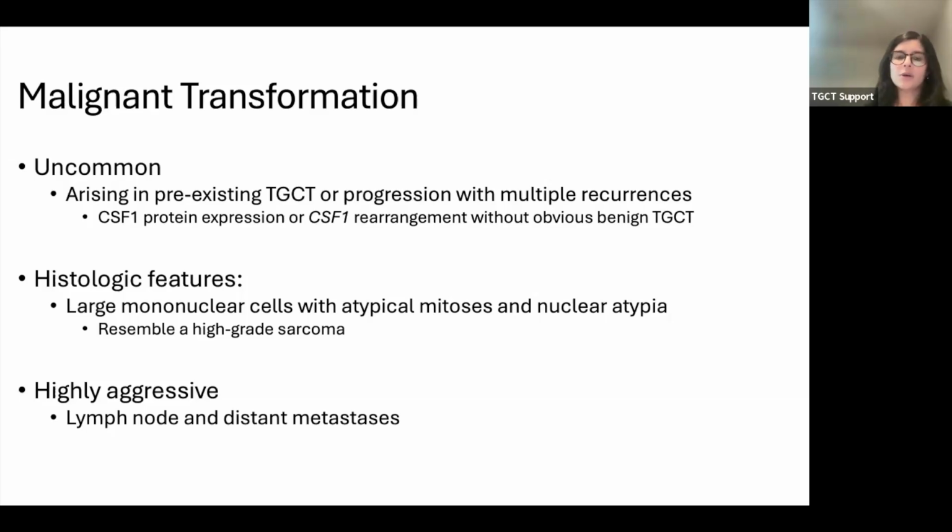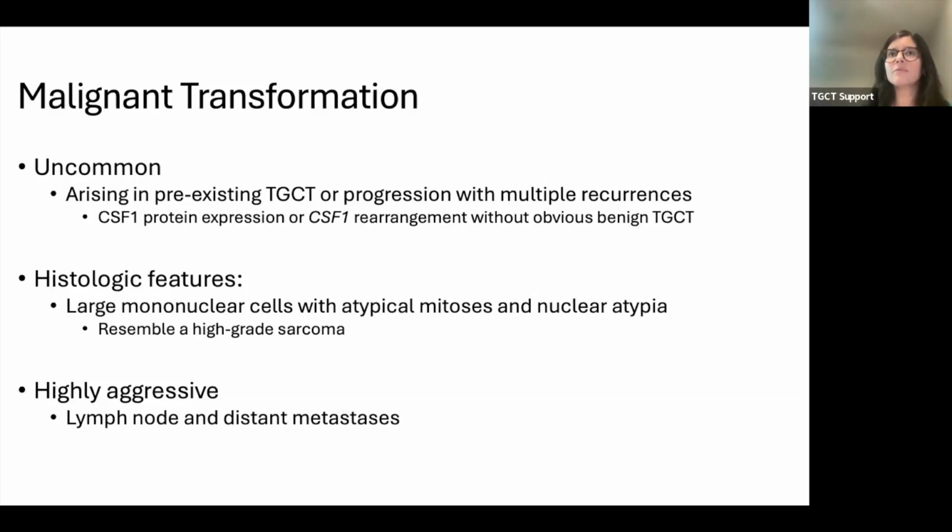Histologic features, and I'll show you a case in the next slide. Instead of the admixture of cells that you have with the atypical and neoplastic synoviocytes and the macrophages, if there's malignant transformation, because you have so much proliferation of the synoviocytes, generally the giant cells and macrophages will be shuttled out of the tumor environment, and it'll just be the atypical synovial cells, sheets and sheets of them.